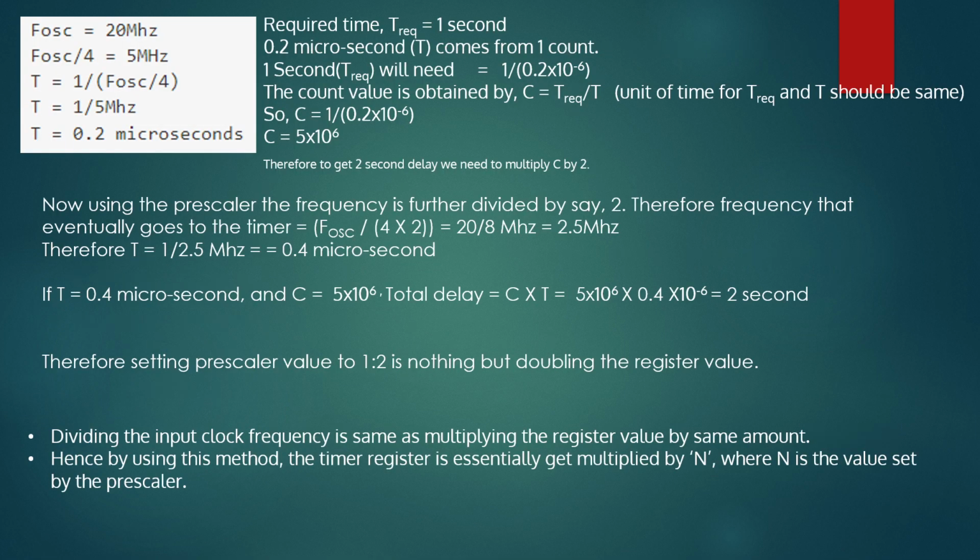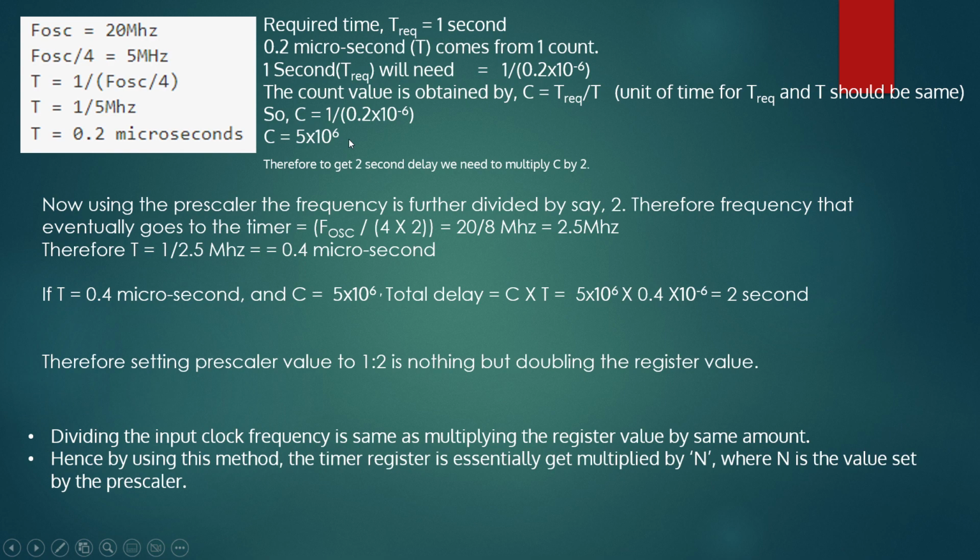Now let us take the older example that we have already seen. If I want to get a delay of 1 second, how many times should the timer count? For that we have already found that C is equal to 5 into 10 to the power 6.